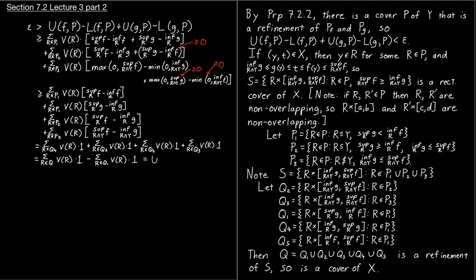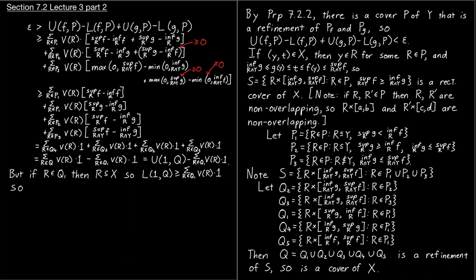And so that first piece is the upper sum of the function 1 over our rectangular cover Q. But if R is a rectangle in Q1, then R is contained entirely in X. So the lower sum of 1 over Q, that is at least the sum over the rectangles in Q1, the volume of R times 1.